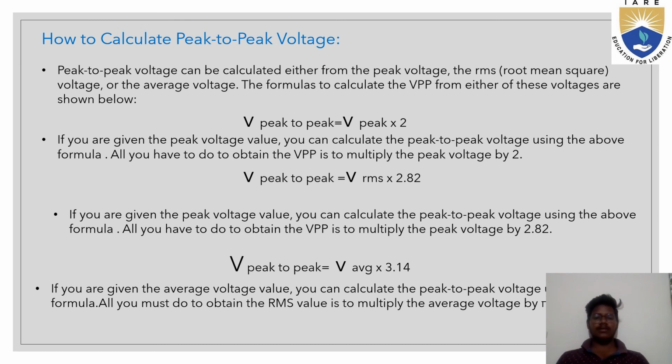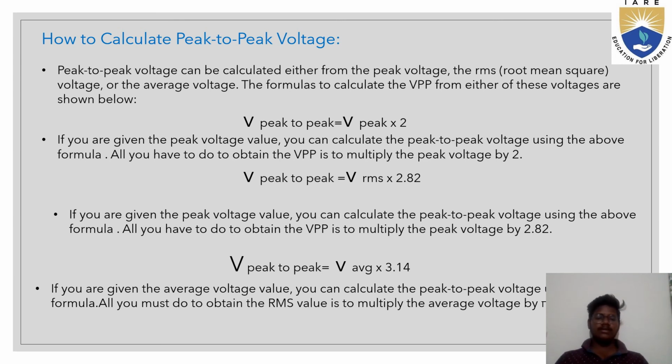The next one is peak-to-peak voltage equal to Vrms times 2.82. If you are given the RMS voltage, you can calculate the peak-to-peak value using the formula. All you have to do is obtain the peak-to-peak value by multiplying the RMS voltage by 2.82.